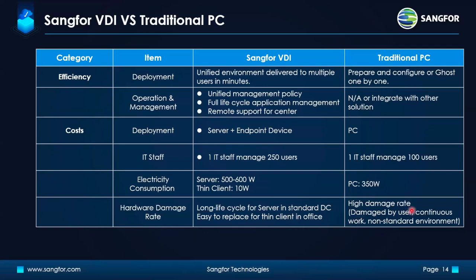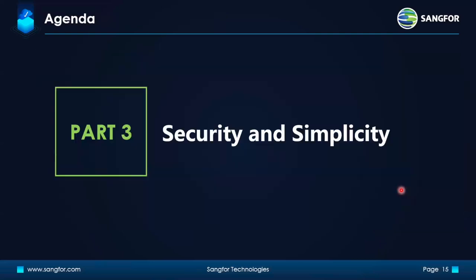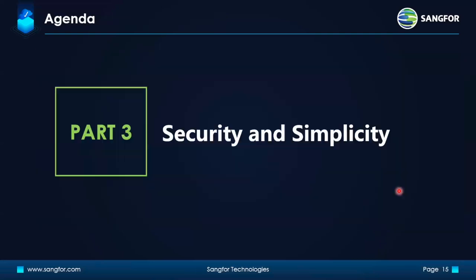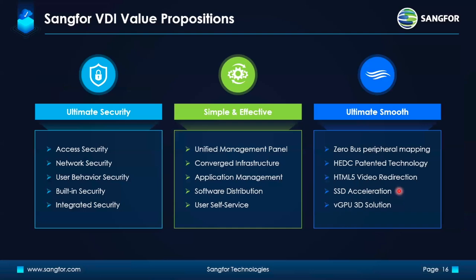PCs have a high damage rate: power fluctuation, power supply failure, motherboard burn, motherboard failure, hard disk failure. So there are so many complexities with your traditional PCs. Now comes the security and simplicity we are giving in our solution.